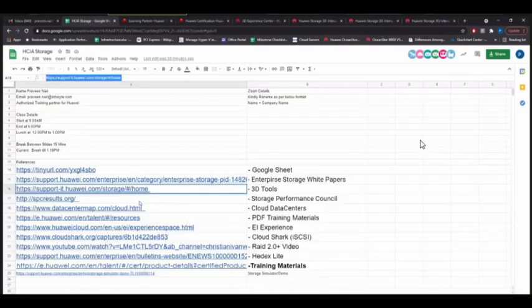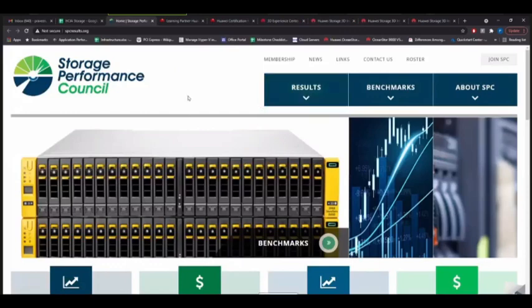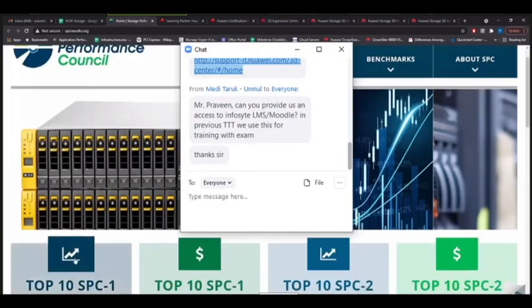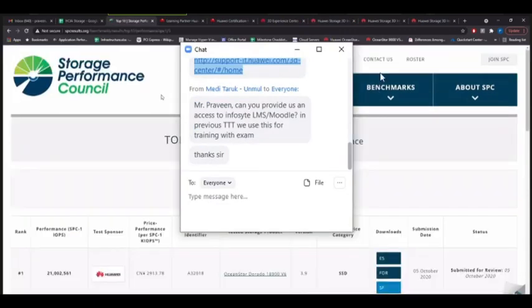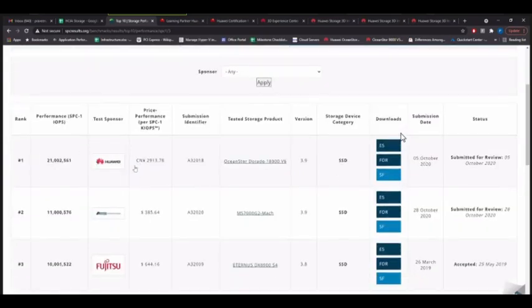It's a non-profit organization called the Storage Performance Council. It's a worldwide organization, and you can go to this site and see performance. If you want to compare performance of Huawei products, don't check the price yet, but on performance Huawei is actually number one in the world currently.